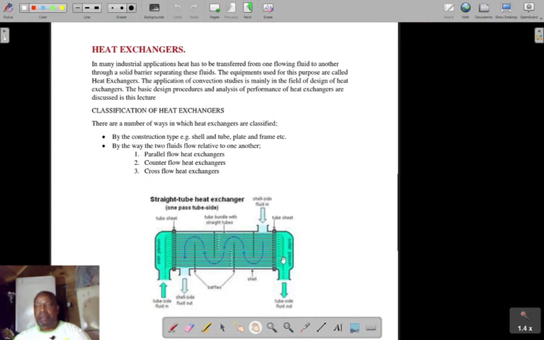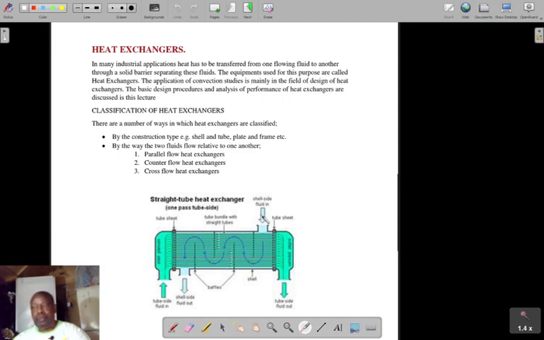I have an example of a shell and tube heat exchanger here, whereby you have one of the fluids flowing through that inlet and coming out at that outlet, and the other fluid flowing through that inlet and coming out at that outlet, thereby exchanging heat inside there.